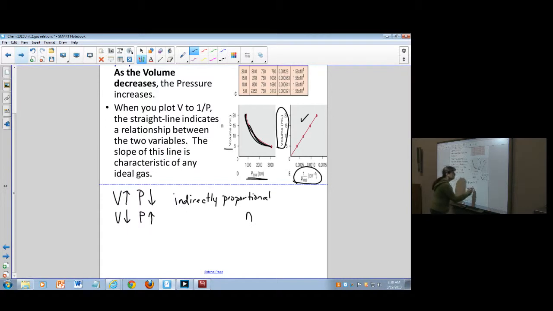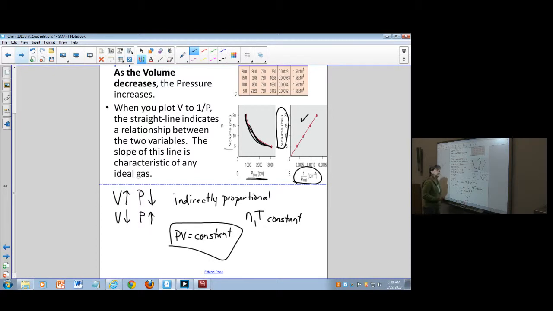They have some value, but they don't change because they are constant. And so it works out that we have a relationship of pressure times volume is equal to whatever that constant is from the amount and the temperature. So this is going to be our relationship, indicating that it's indirectly proportional.